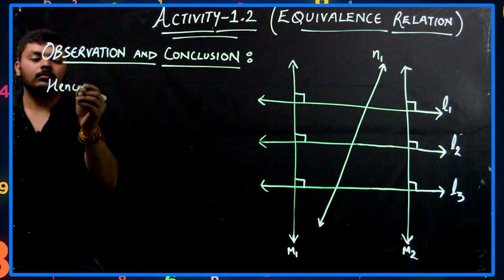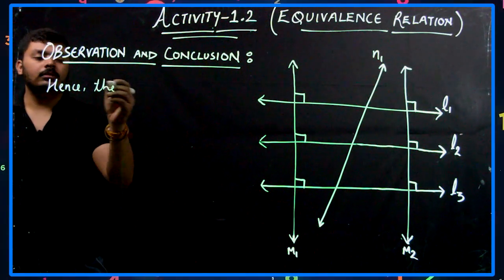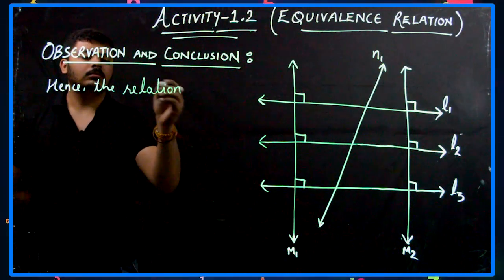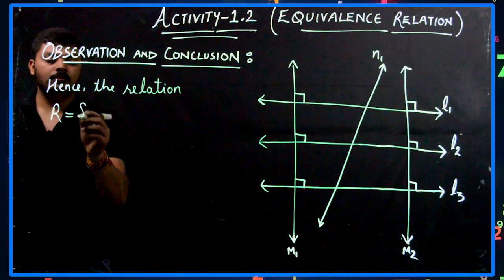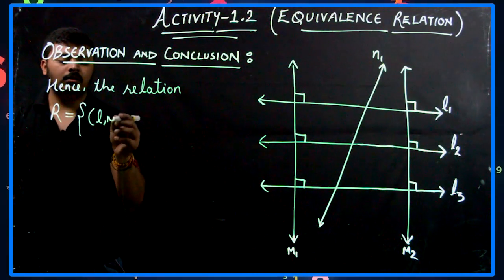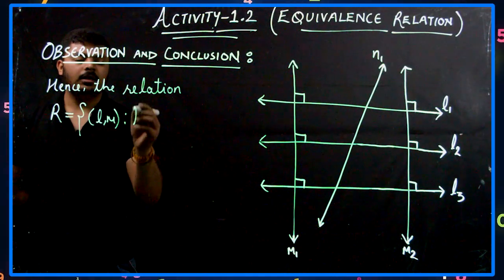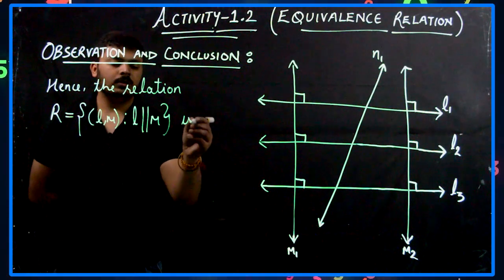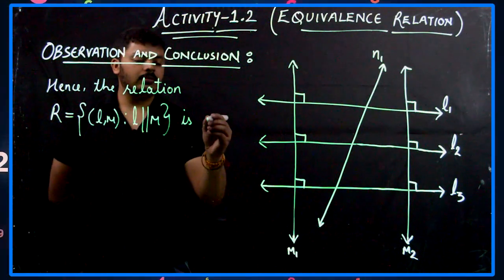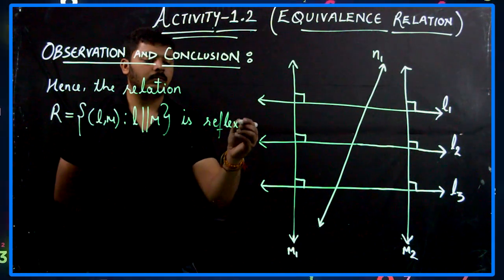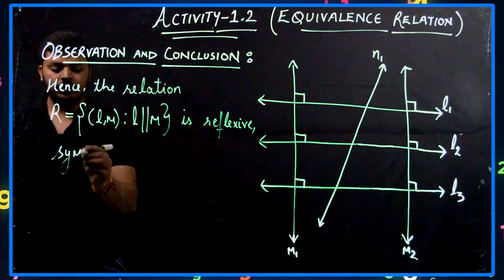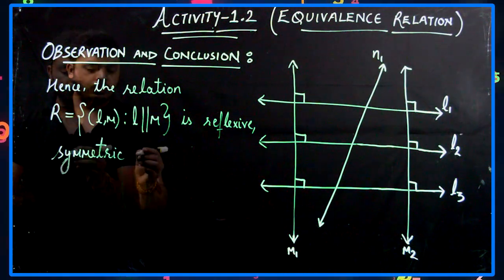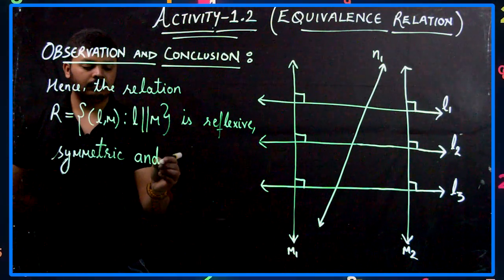Hence, the relation R equals (L, M) such that L is parallel to M is reflexive, symmetric, and transitive.